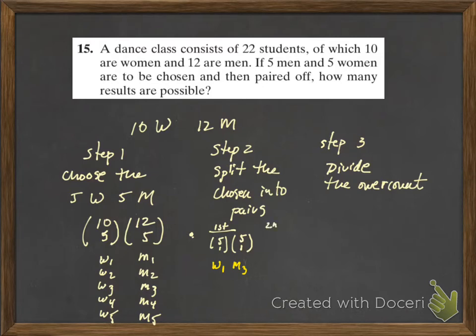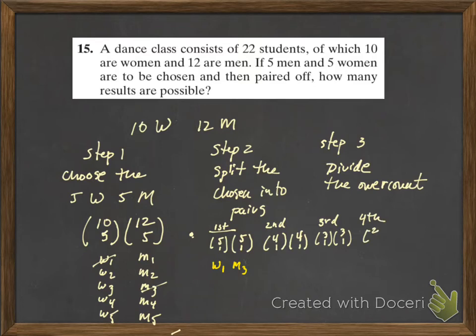Okay, so the second pair, we now have 4 women to choose from because we counted woman 1 and we picked man 3 in that count. So we have 4 to choose from both the men and women, and so on. So our third pair will be 3 choose 1, 3 choose 1. This is now our fourth pair.